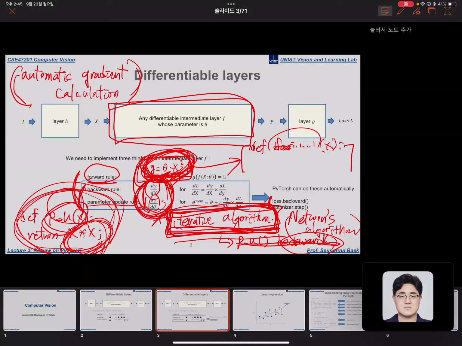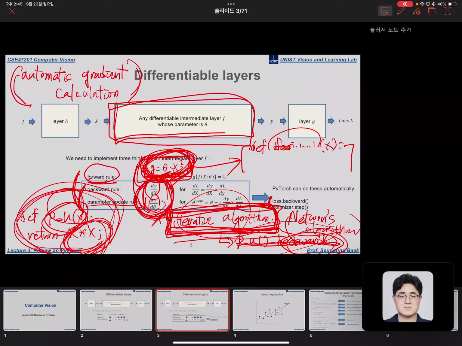So maybe I will show you the code actually implementing each layer in PyTorch later. But you can see that there's only the implementation for the forward rule, and there is no implementation for the backward, because that part PyTorch can automatically calculate using this kind of approximation algorithm and also the backpropagation algorithm you saw last class.